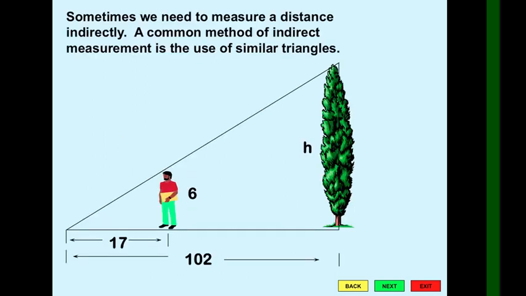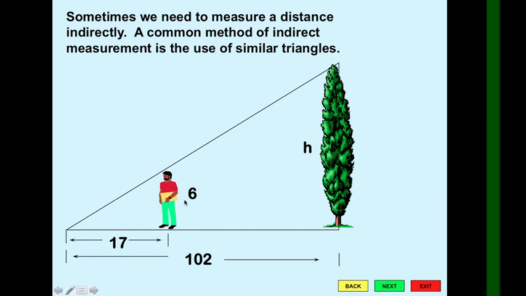Sometimes we need to measure a distance indirectly. A common method of indirect measurement is the use of similar triangles. So halimbawa, the height of this man is 6 and the measurement of the shadow of the man, I think, is 17. Well, the height of the tree is unknown and the shadow of the tree is here. So 102, let's say it's 102. They are similar, so we can do the similarity theorem and proportionality theorem.